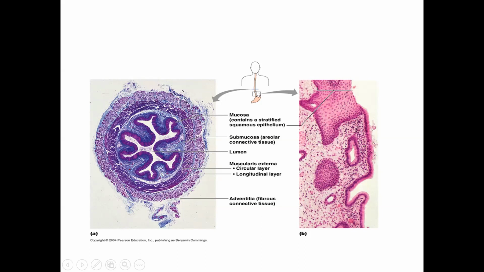Once they get closer to the stomach, this lining starts to change to simple columnar epithelial cells with microvilli.